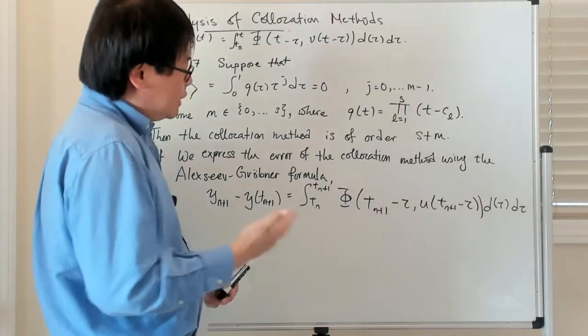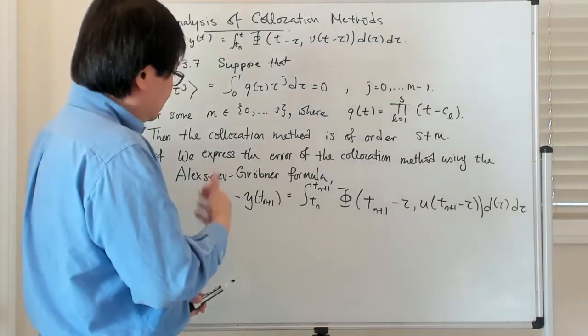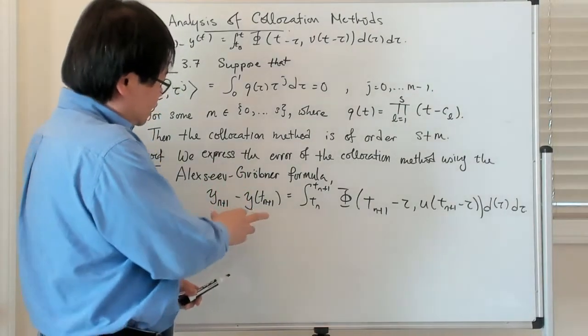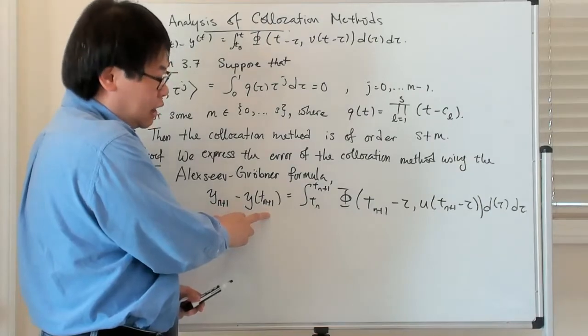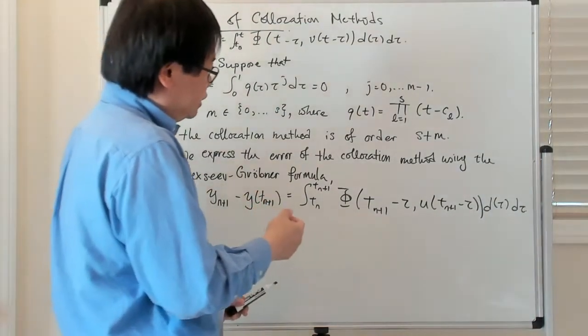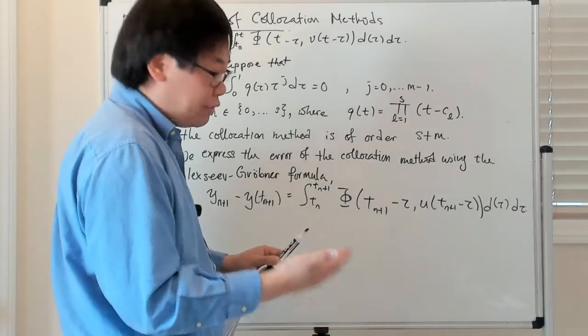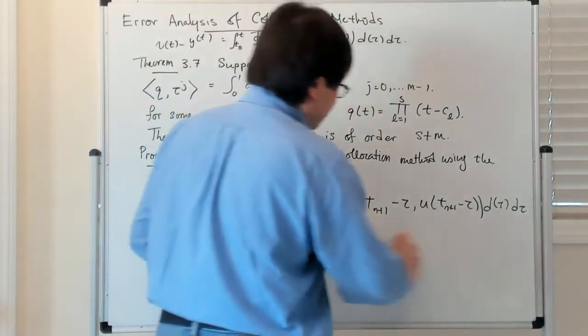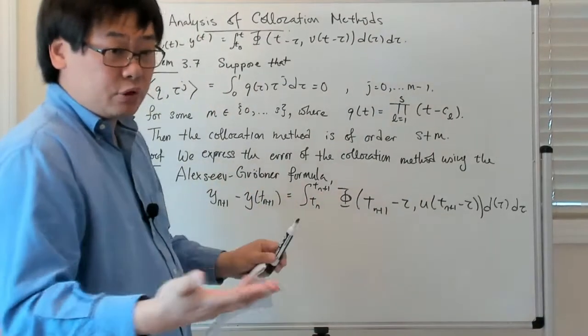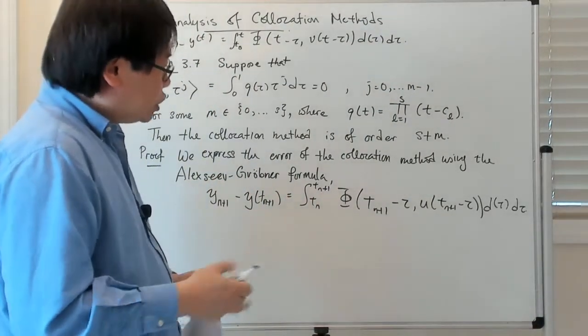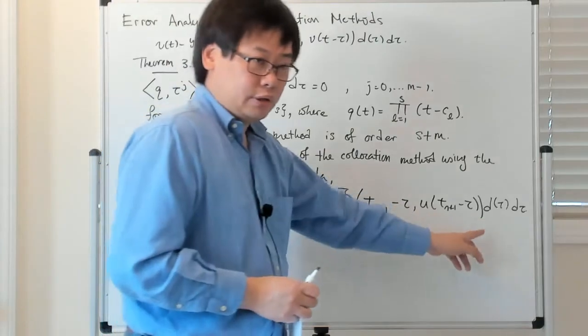And so this allows you to say that the error in the collocation method is basically just given by the quadrature error you make by replacing this integral by some sort of quadrature rule where the quadrature points are the collocation points.